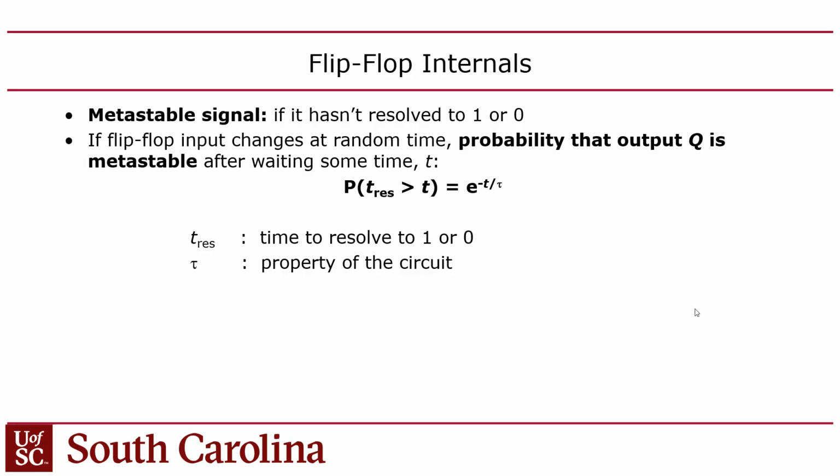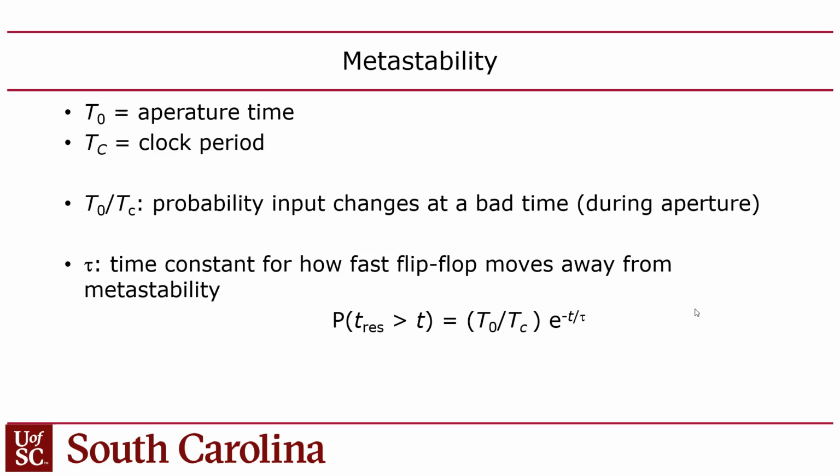Okay, so what you do is you say, well, I know that the amount of time it takes is based on this distribution. So what I can do is I could say, first of all, what is the probability that I'll go into metastability? So t sub 0, again, is another parameter. T sub 0 is the aperture time. That's simply the t hold plus t setup, right?